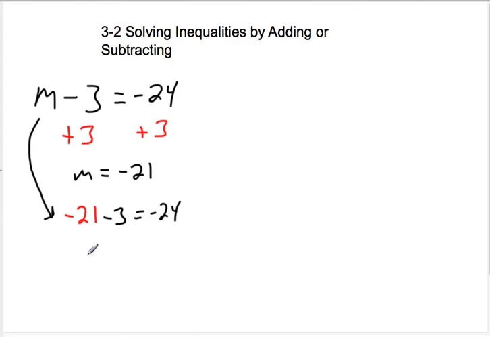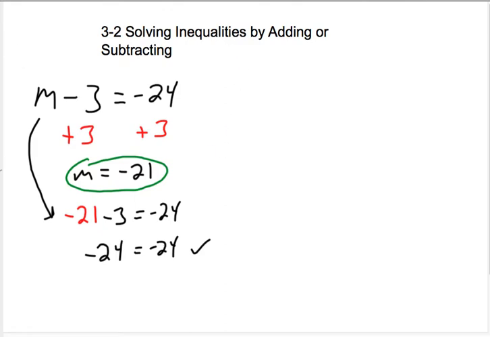I'm going to simplify this left side. It says negative 21 minus 3, and it's correct. So this is just the check. The answer is right here, but this is how I check if my answer is correct. If I was taking a test and I had extra time, I would just plug my answer in and see if it made sense. Sometimes just an estimate is good enough.